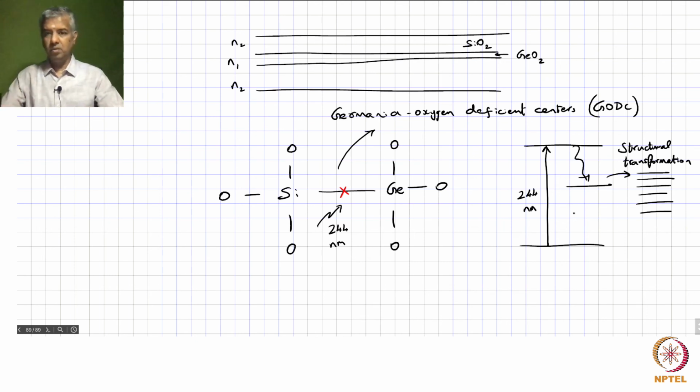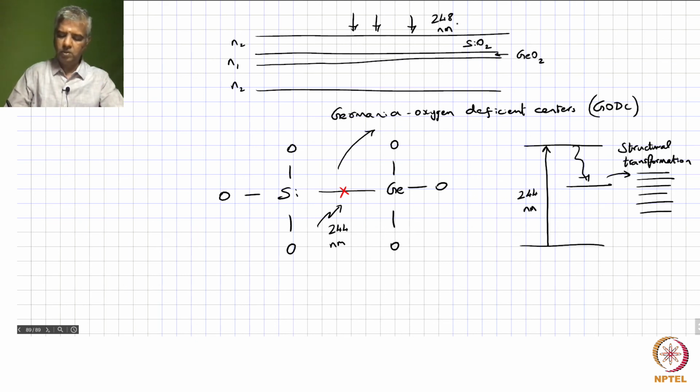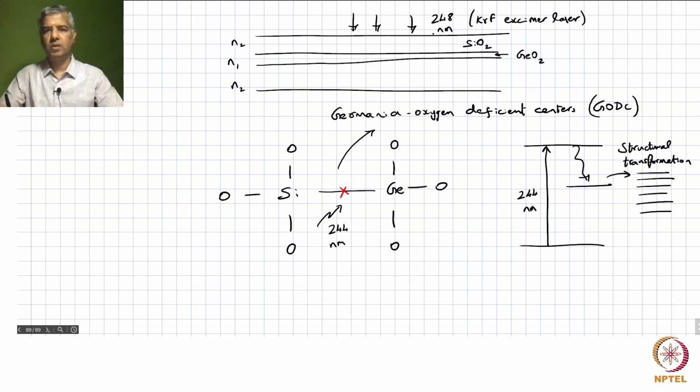Now, you basically illuminate this with ultraviolet radiation, especially at a wavelength around 244 nanometers. Let's say for example 248 nanometers, which you can obtain from what is called a krypton fluoride excimer laser, that actually produces 248 nanometers.